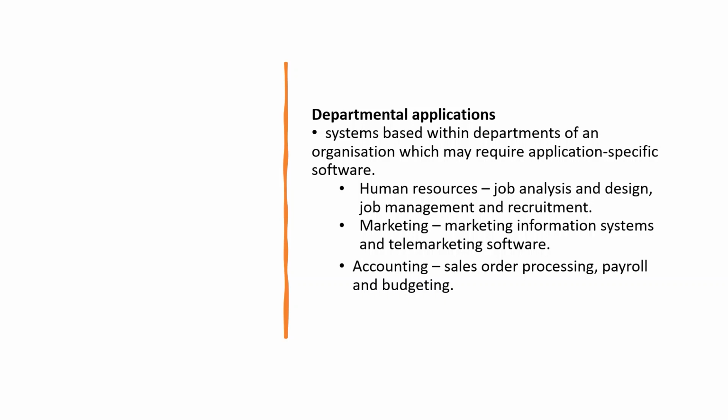So those are software that can be used for that. For marketing, we have marketing information systems and telemarketing software. For accounting, we can have sales order processing, payroll, and budgeting. So these ones are for specific purposes.